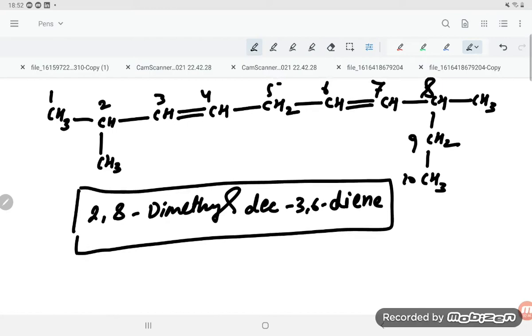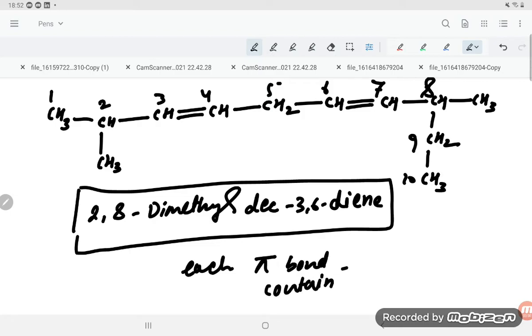Dear students, they are asking how many sigma and pi bonds. Each pi bond contains how many sigma? It contains 1 sigma plus 1 pi. That you have to keep in mind.